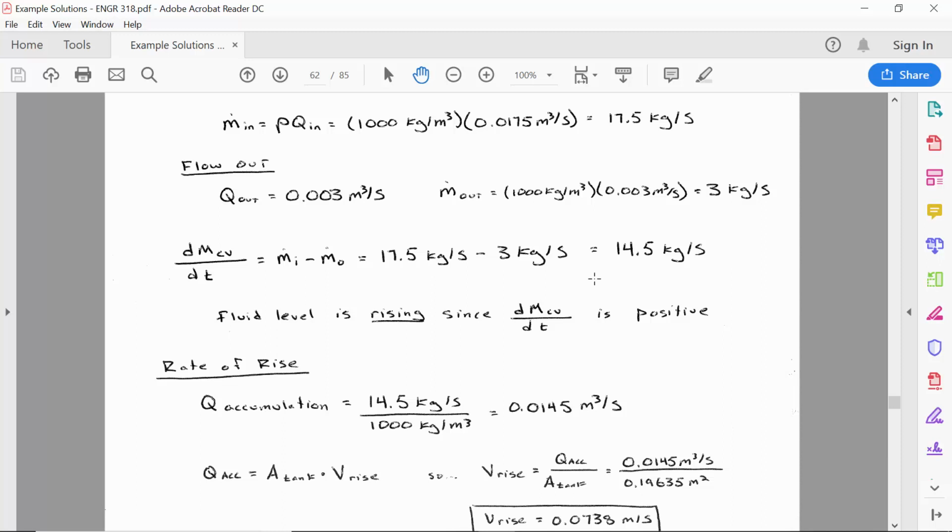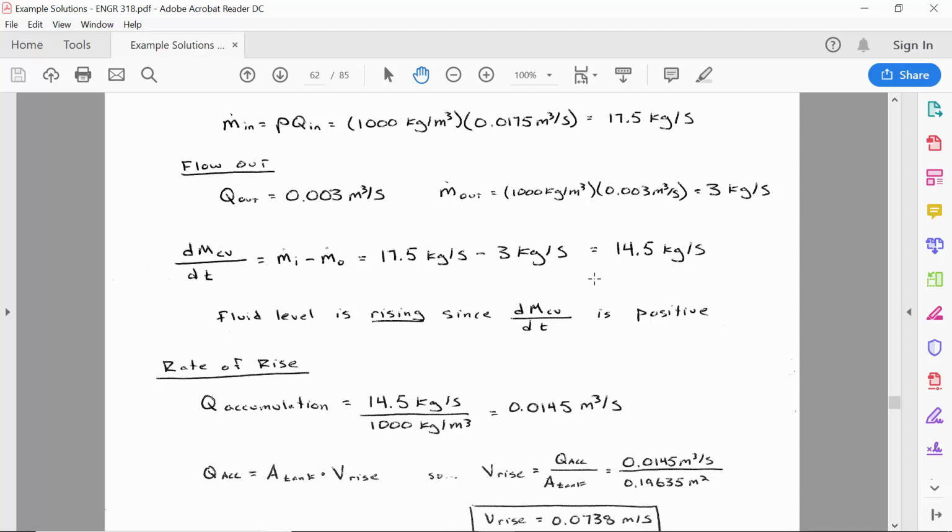So we know it's rising because there's more in than out, and the V rise, as I call it, is just a Q equals VA kind of a thing. And it makes sense that if the tank area was bigger, then the velocity that it's rising would decrease. So if this number in the denominator was doubled, for instance, then the velocity that the liquid level is going upwards would be cut in half.